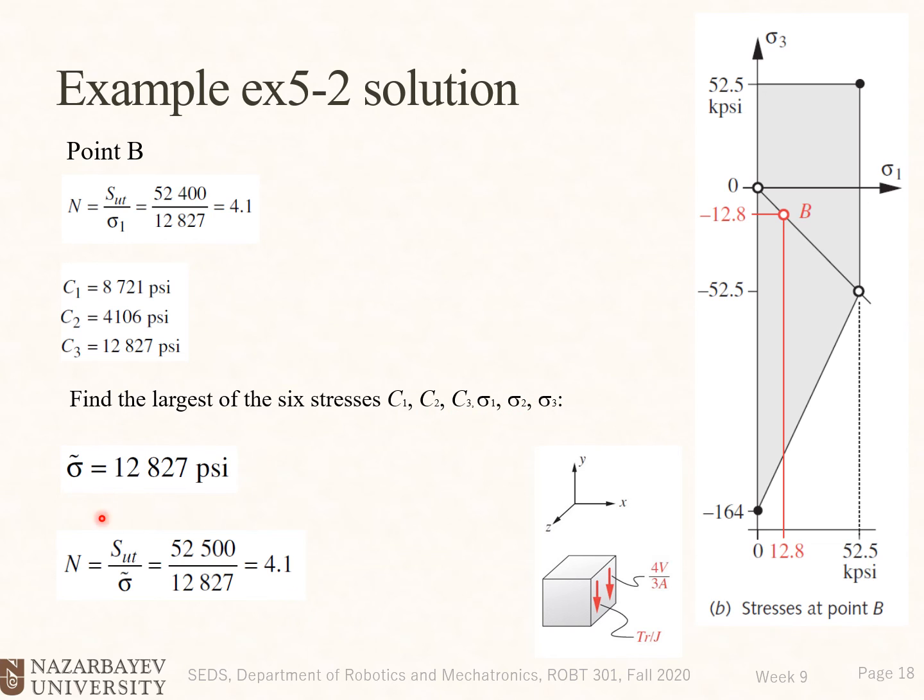And if you do so, you will see that the effective stress will be 12,827 psi. And now you could use this formula for the safety factor of SUT divided by effective stress. And with no surprise, you will see that the safety factor is equal to the previous calculations.